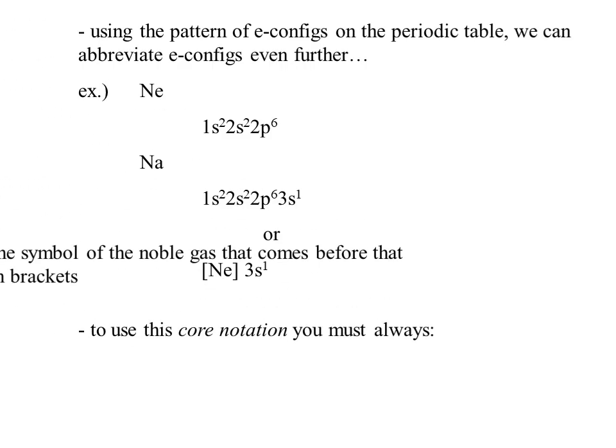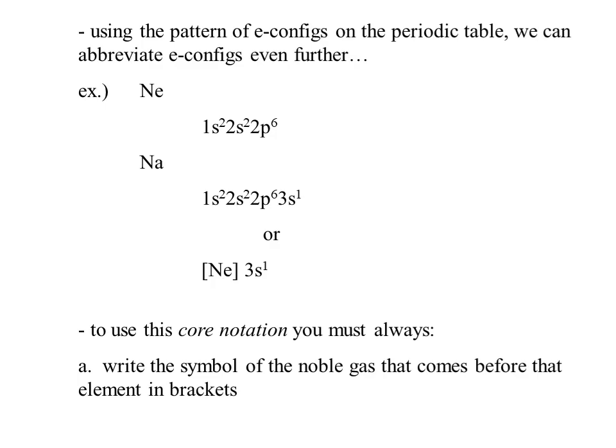So to do a core notation, you have to write the symbol of the noble gas that comes before that element, not after. It has to be the one that comes before it in brackets. And then you're going to write the rest of the configuration as usual. Okay. So let's do just a couple more examples of this so we get used to it.